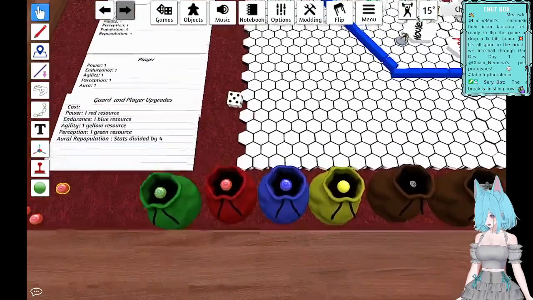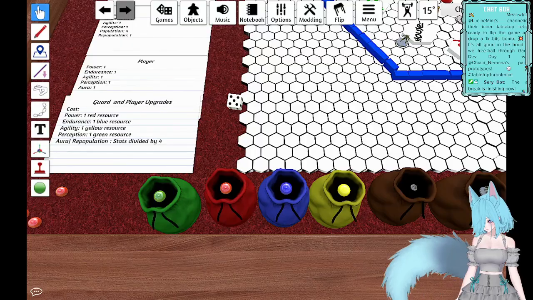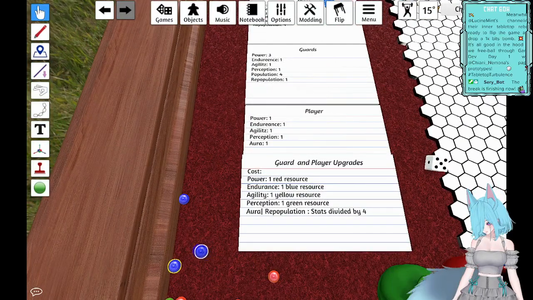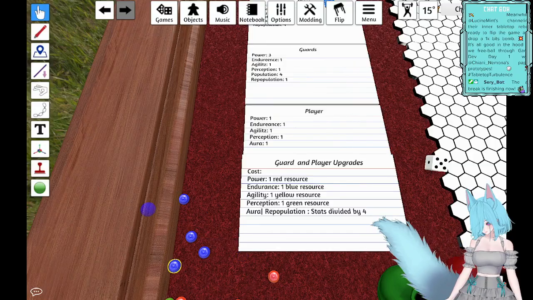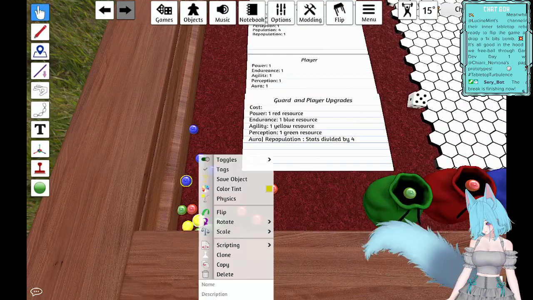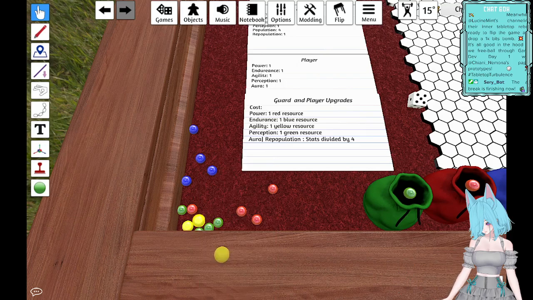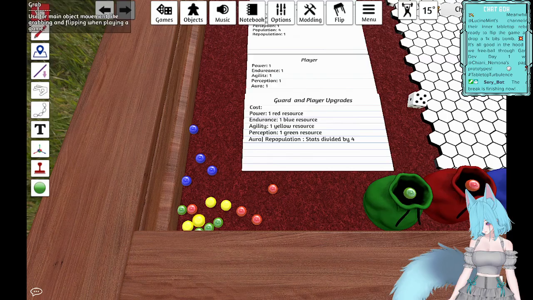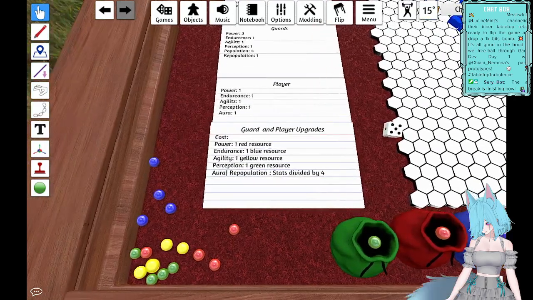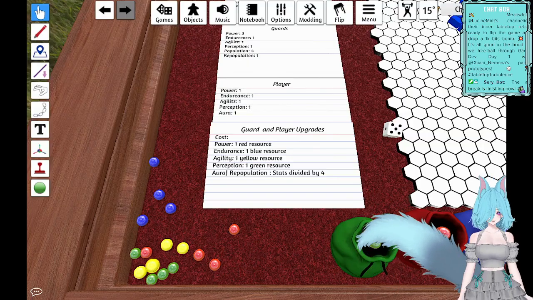I'm just cloning a marble then. Actually, this is way faster. So, we have double resources now.